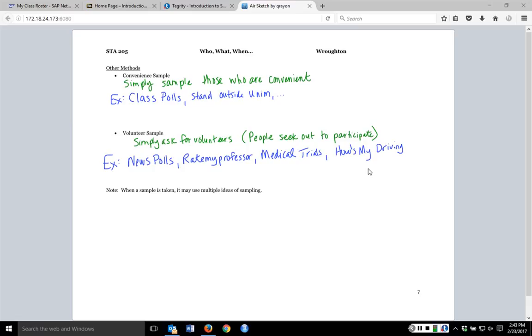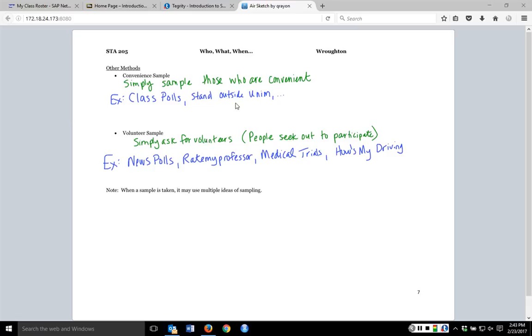As I make with my little note down here, there can be multiple ideas of sampling going on as well. So it doesn't have to necessarily fall just into one of these. A lot of times it'll overall fall into one, but we can actually make sure, I can do a convenient sample with a stratified sample at the same time.